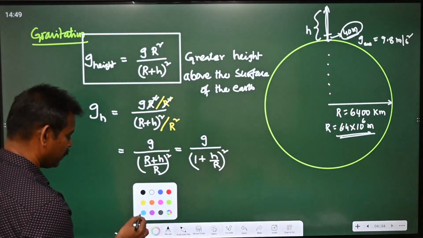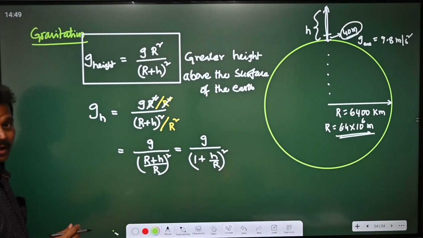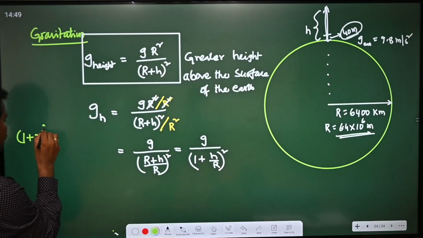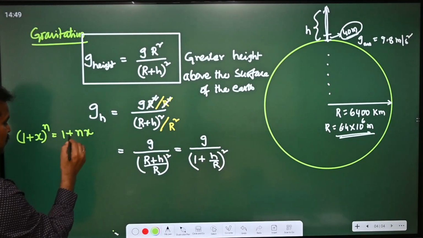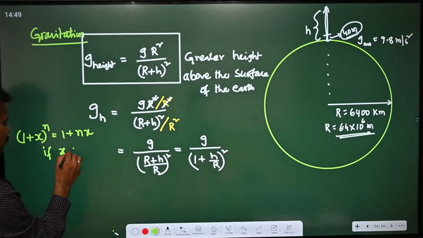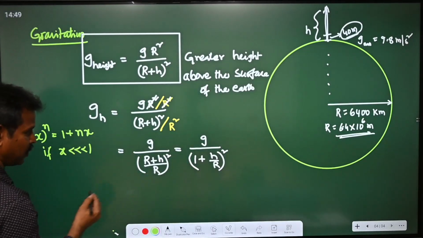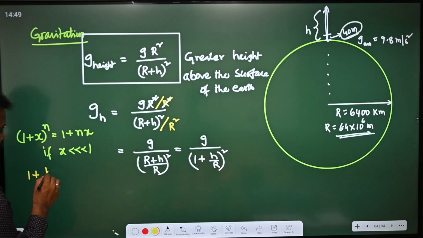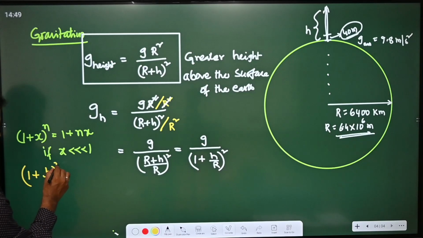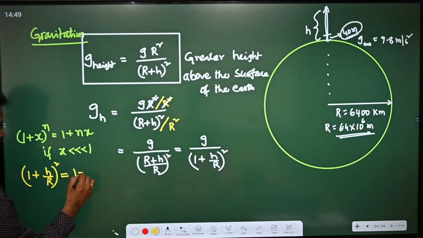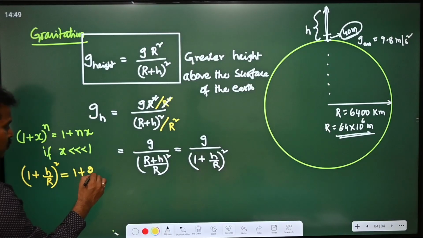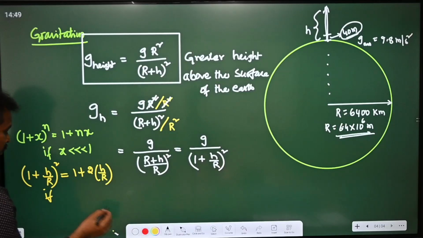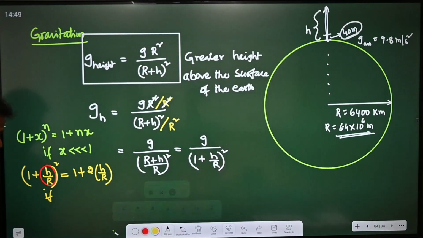And now we can see the formula that we learnt in binomial theorem: 1 plus x whole power n is equal to 1 plus nx if x is much smaller than 1. Now you see this formula, the same formula I am writing here, 1 plus h by R whole square. This can be written as 1 plus, this 2 will come here, 2 into h by R, if the condition is that the second term should be very, very small.